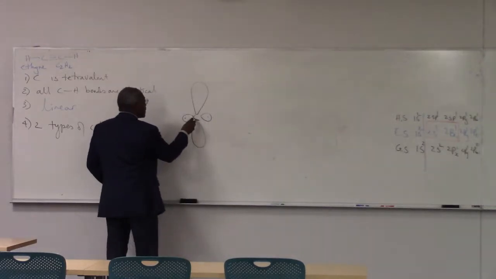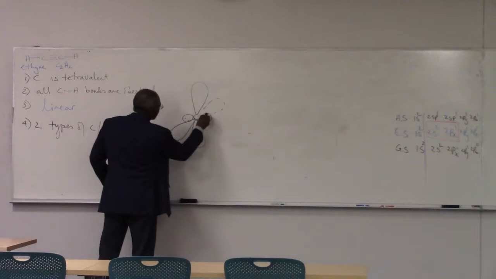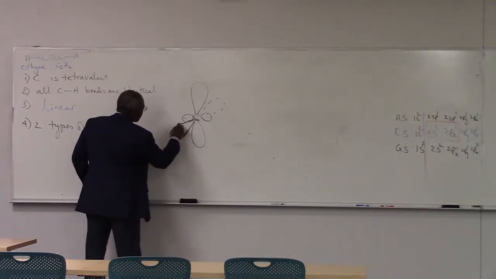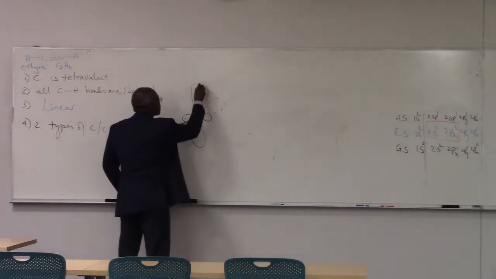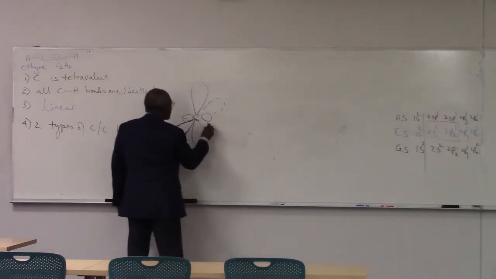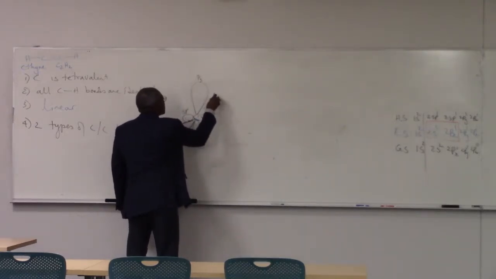And then another one coming out of the board and going back in. So I'll draw it like this. It's coming out of the board and going back in. Each of these has one electron. So it's an sp, sp, py, pz.